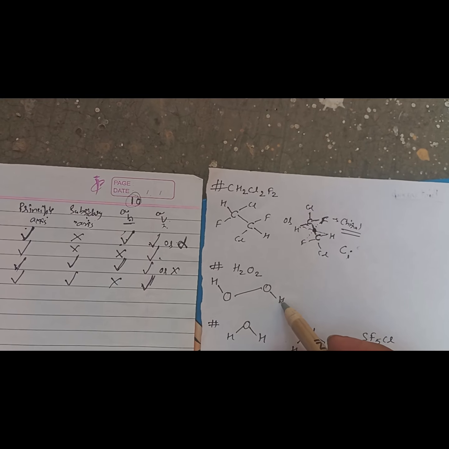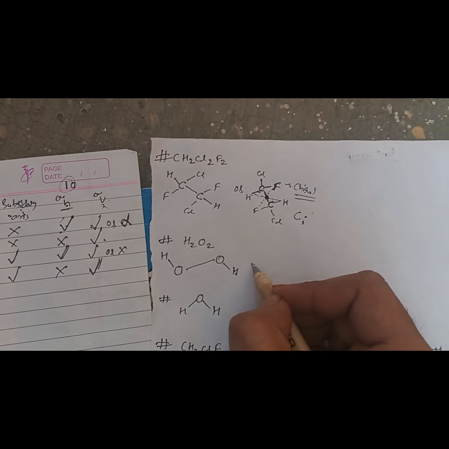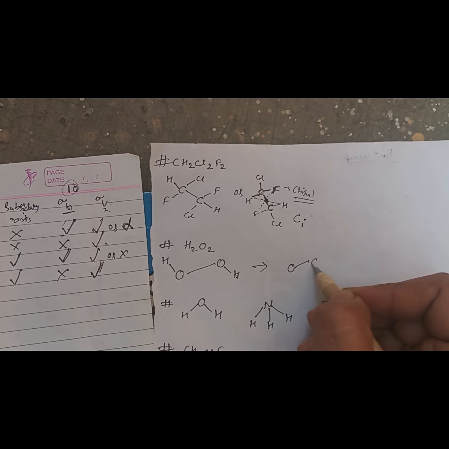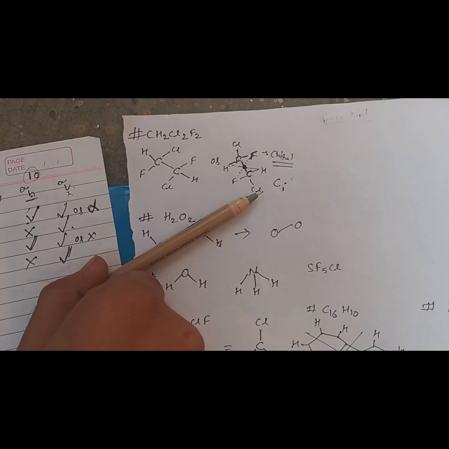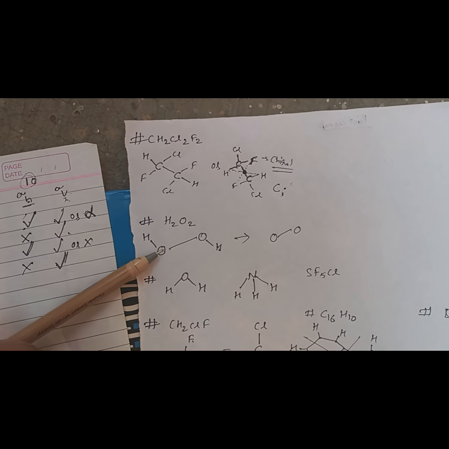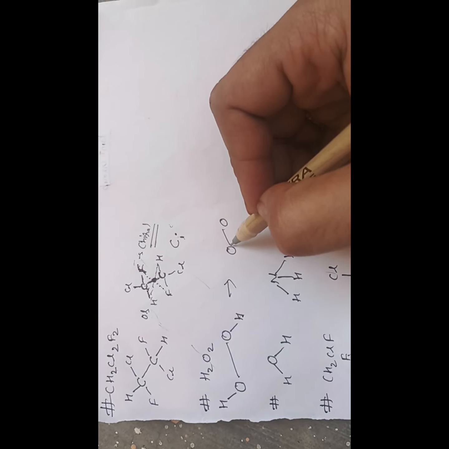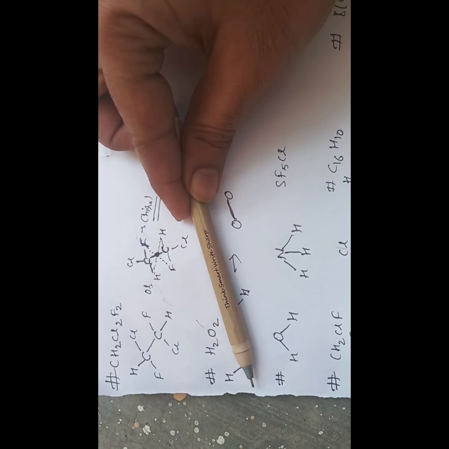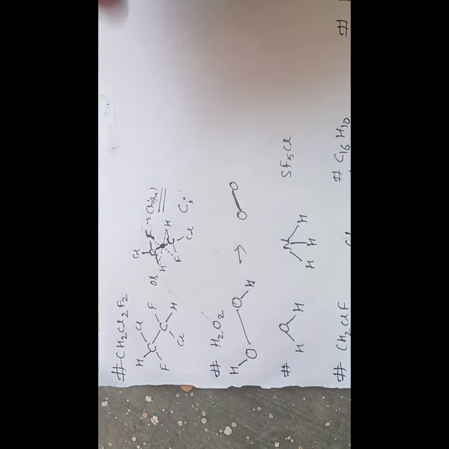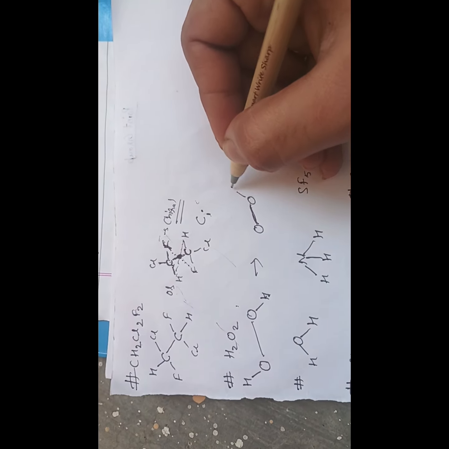We pass the principal axis like this, and when we rotate it, this hydrogen will go upside and this hydrogen will become like this.